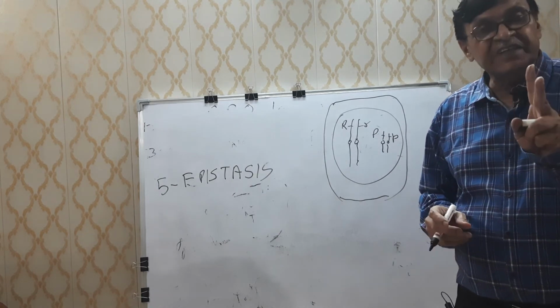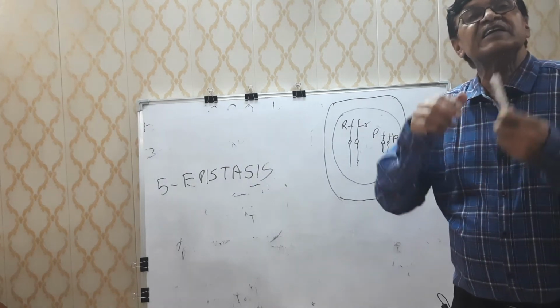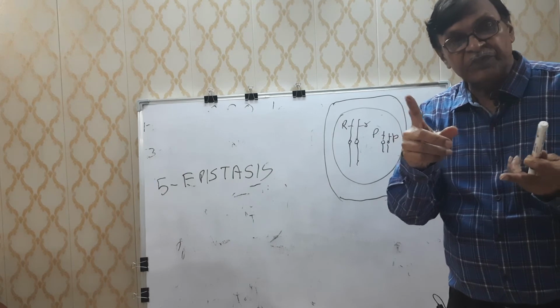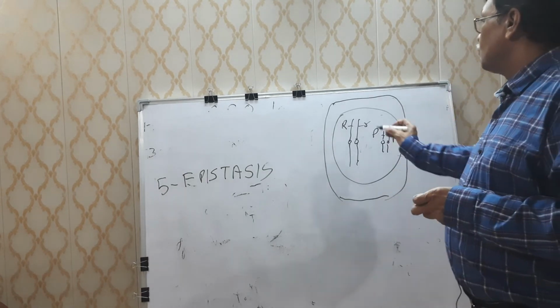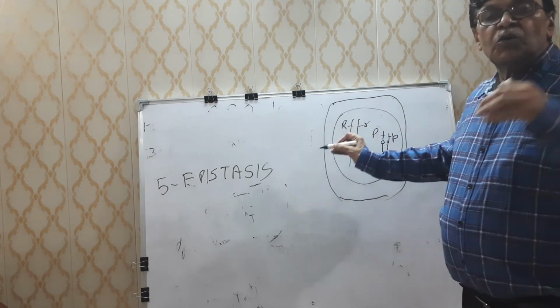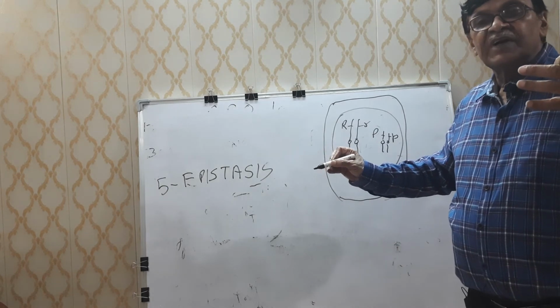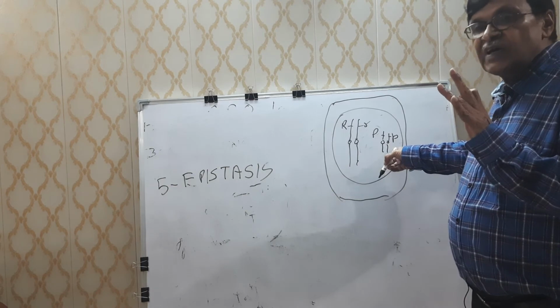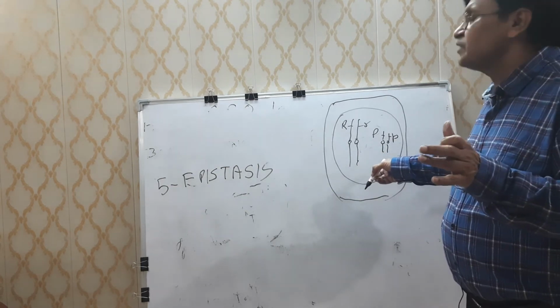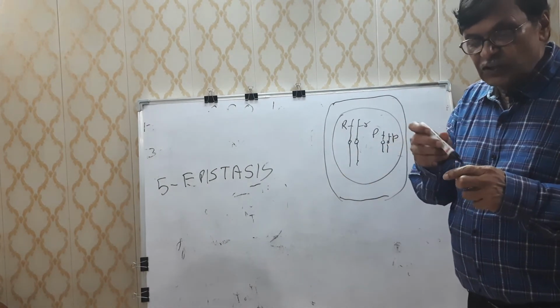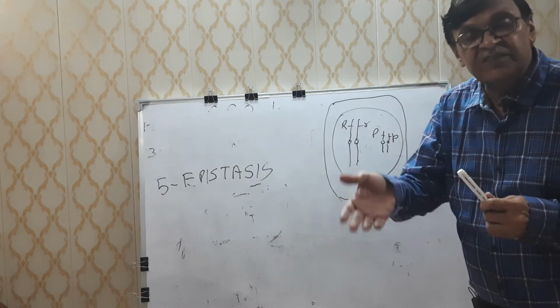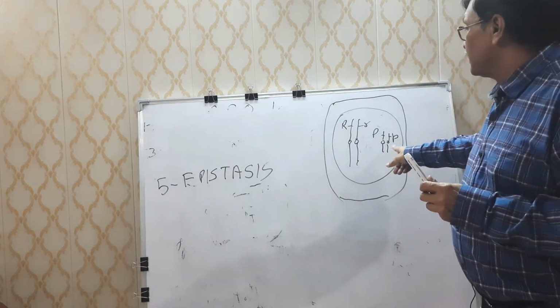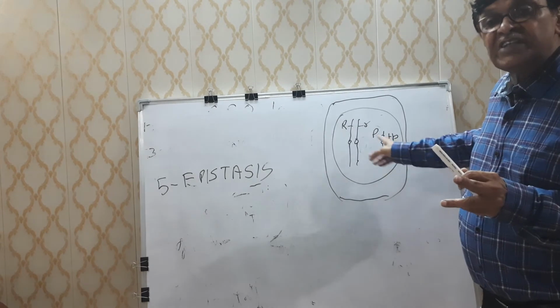Both genes are controlling the same character, and one of the genes masks the effect of the other gene. So this is the type of thing where the effect of one gene masks another gene which is present on the other set of chromosomes.